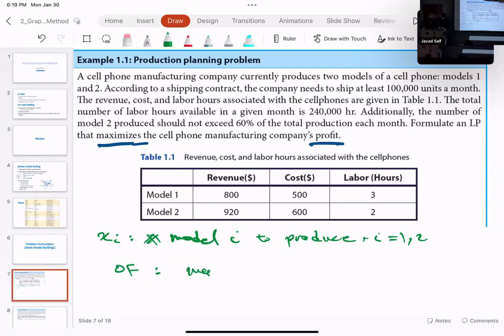is maximize z equals, how do I write that? I'm going to produce some model 1 plus some model 2. What is it? 800 minus 500.